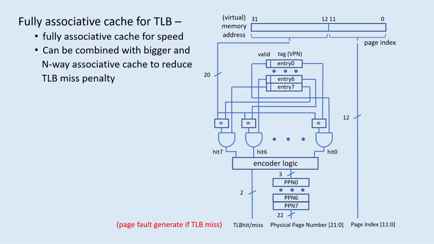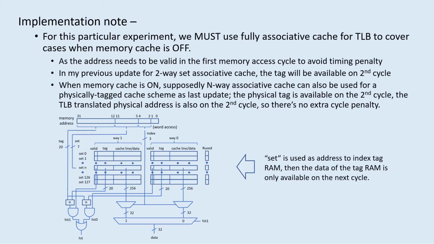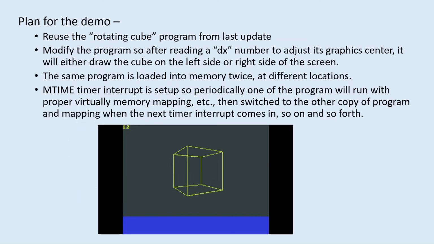But it may still be faster than taking a TLB miss and page fault trap. This page is more for my own note. If we can always have memory cache on, then maybe we can use an n-way set associative cache scheme even for the regular TLB, etc.